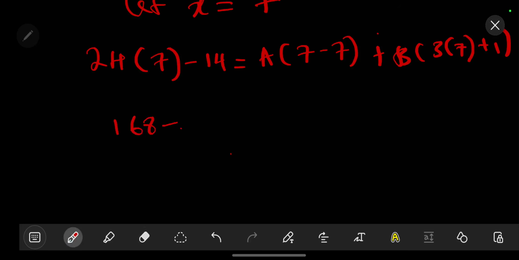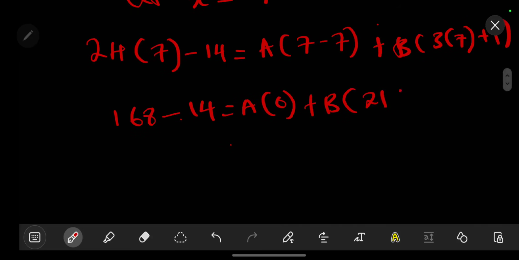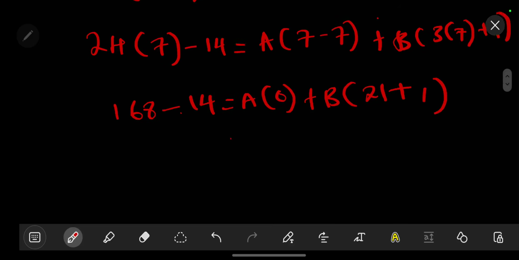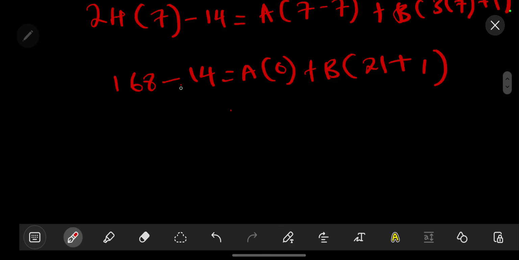So we have 168 minus our 14 should be equal to a times (7 minus 7, which is 0), plus b times (3 times 7, which gives us 21, plus 1). So after doing that, we are going to end up with 168 minus 14, which gives us 154, should be equal to 0 times a, which is 0, then we remain with 21 plus 1, which is 22, then attach the b.